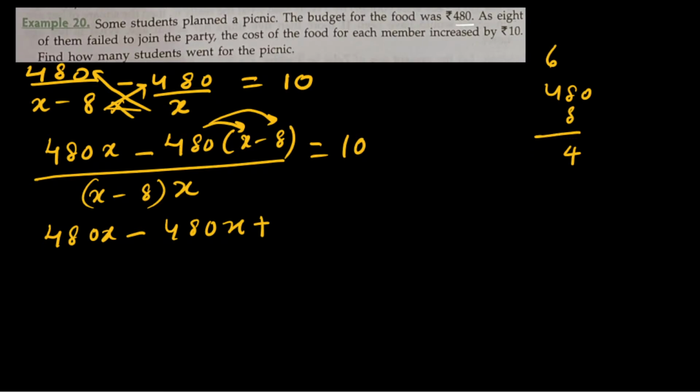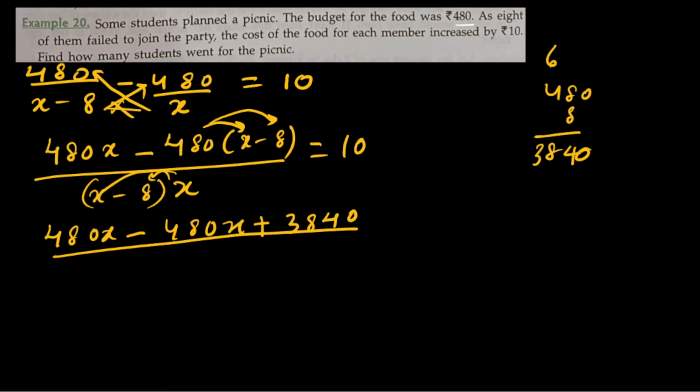You can just check my multiplication. Sometimes in flow I write wrong. So 8 into 8, 64, 32. So I have got this 3840. By this also we can multiply.